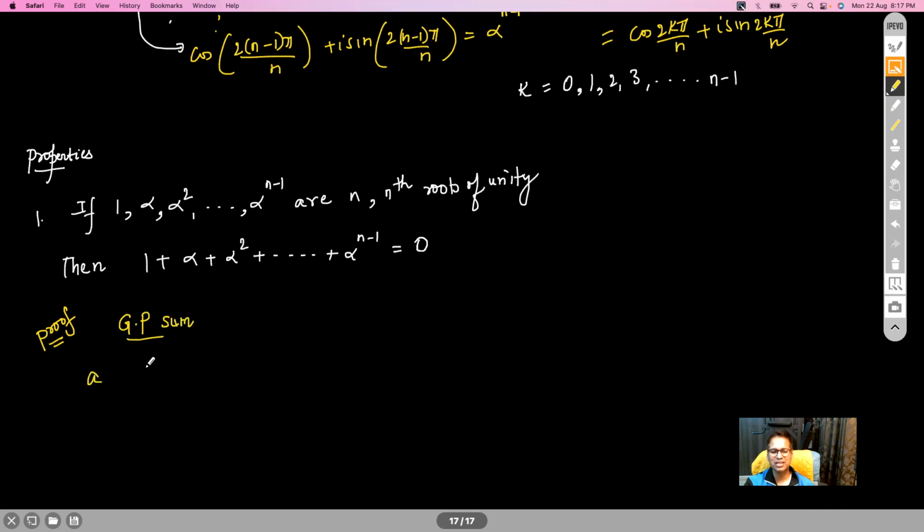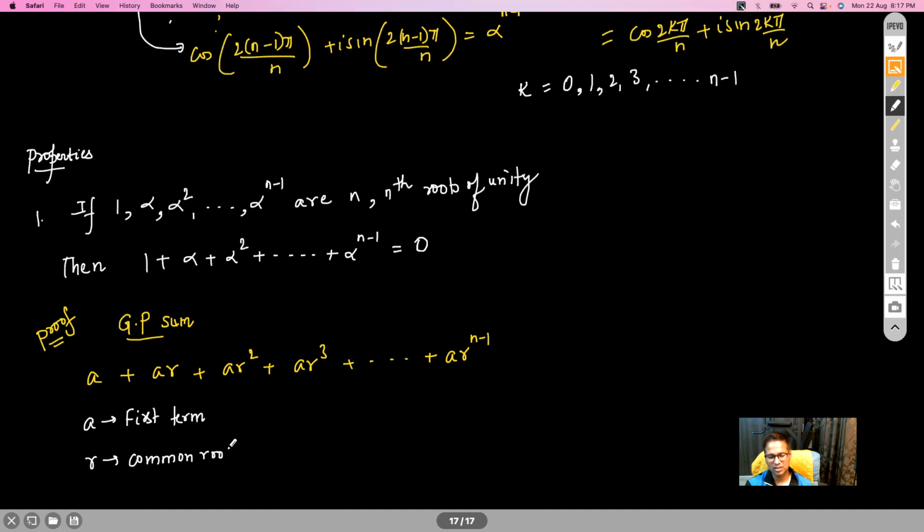If you have a geometric progression like this, A, AR, AR square, AR cube, till AR to the power n minus 1, here A is the first term and R is the common ratio, then this series sum is given by A times 1 minus R to the power n by 1 minus R.